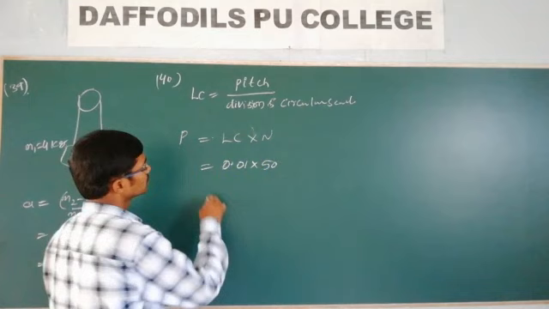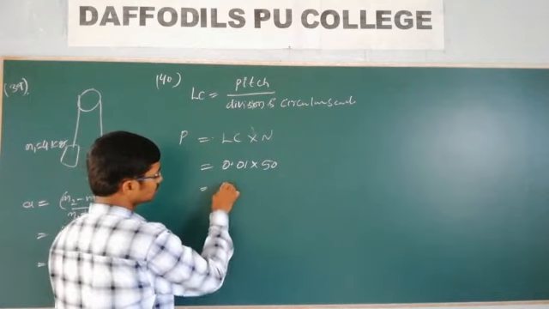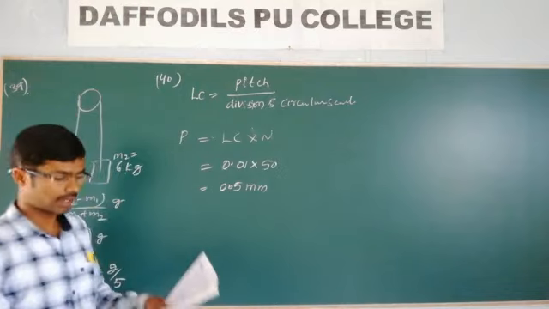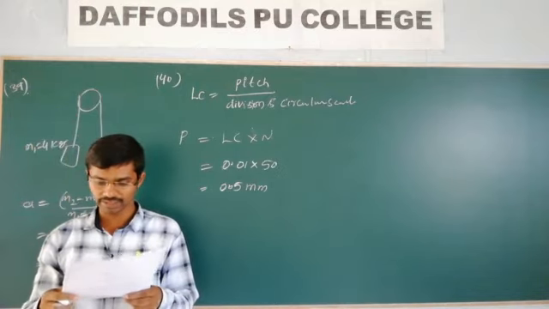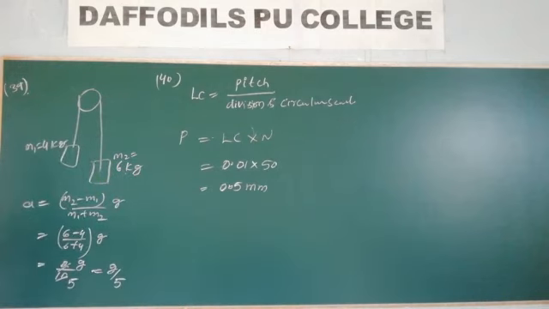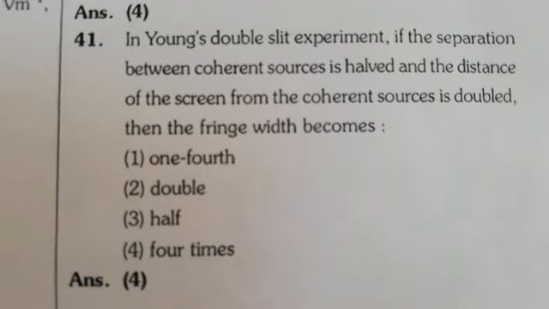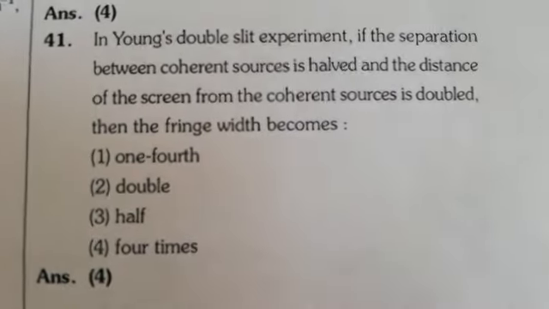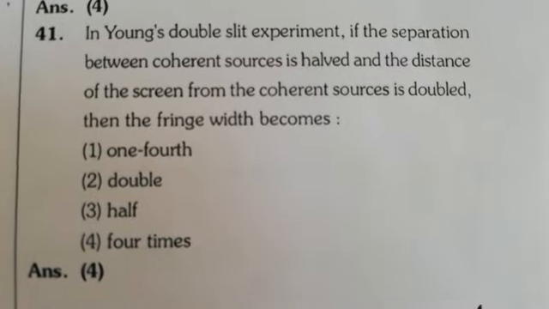We need to find the pitch, which is least count into number of divisions. Least count is given as 0.01 and the number of divisions is 50. That is equal to 0.01 into 50, which is 0.5 millimeter, because the least count is in millimeter and we also get the answer in millimeter. We have the fourth option.